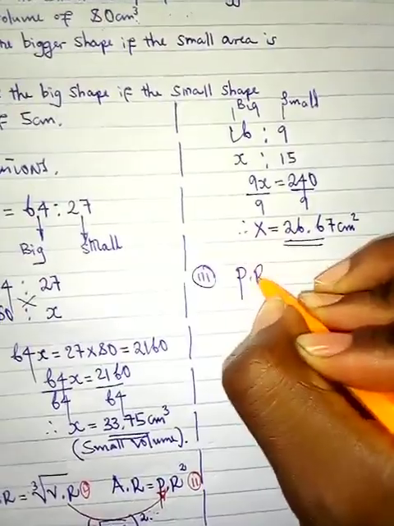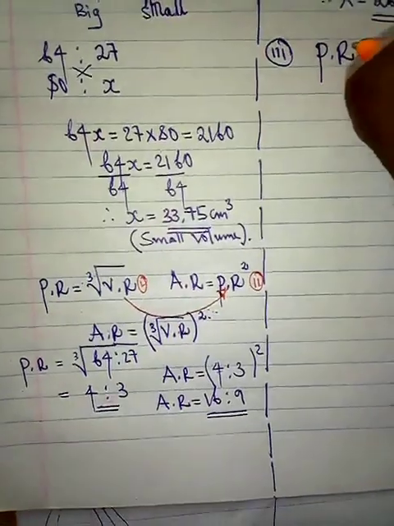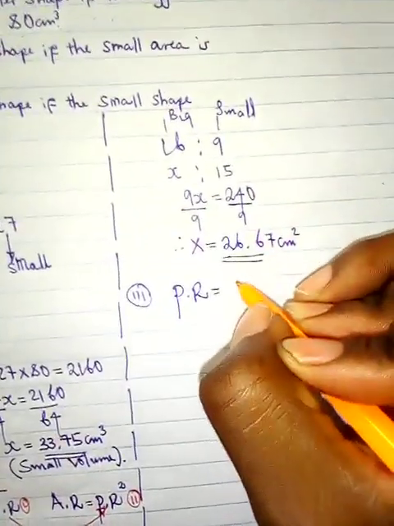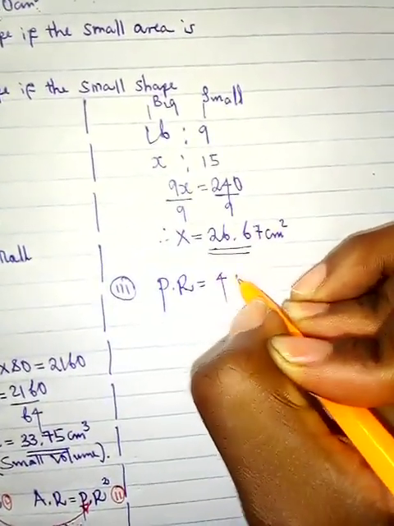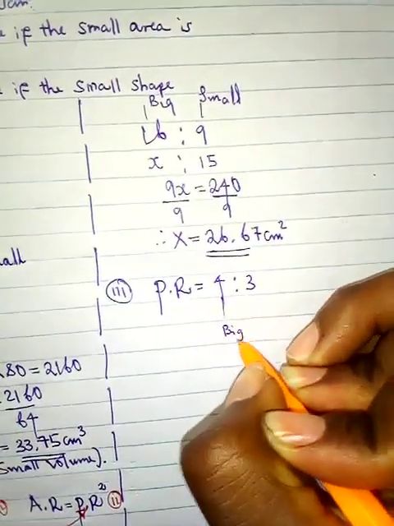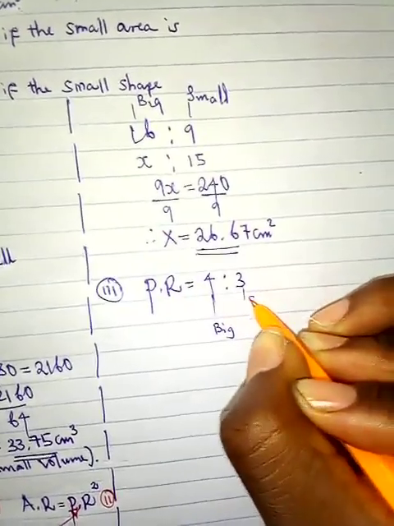We had found our perimeter ratio to be equal to 4 to 3, remember? So 4 to 3. Again, the 4 is representing the big shape, the 3 is representing the small shape.